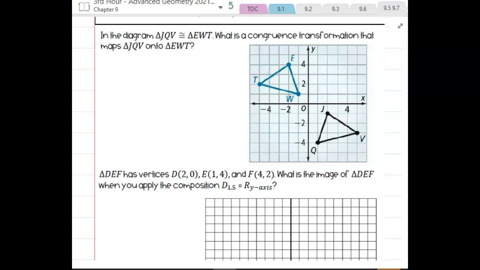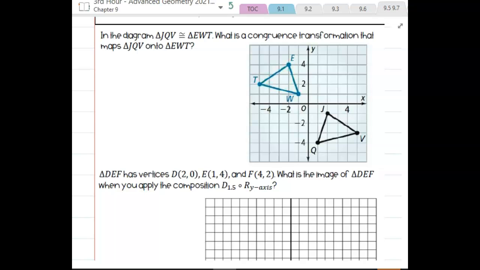So whenever I map this triangle to this triangle, J and E should lay right on top of each other. Okay, so J and E, Q and W, and then T and V. And I think sometimes pointing those things out can help you figure out whether you're going to do a reflection or a rotation.